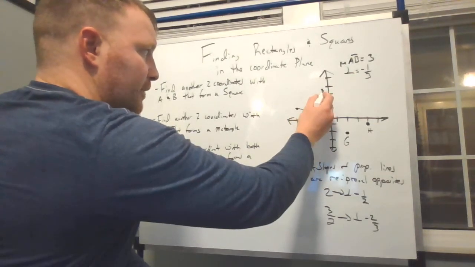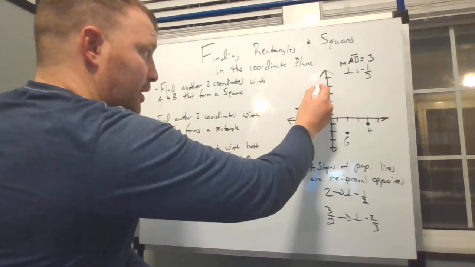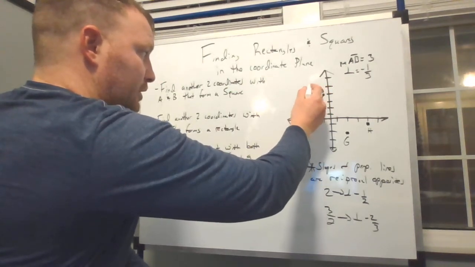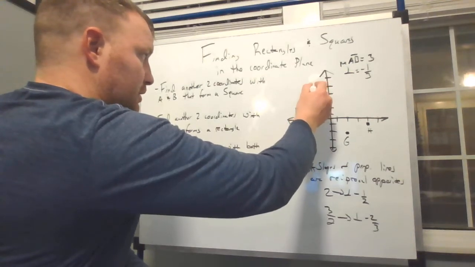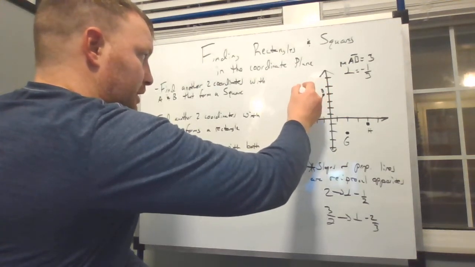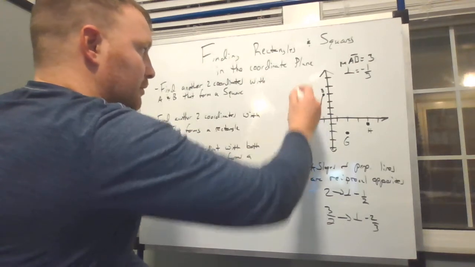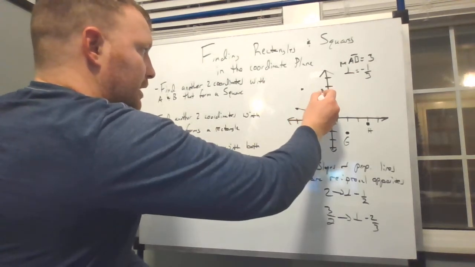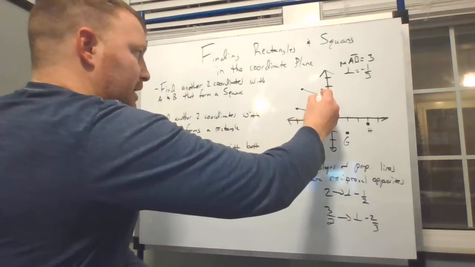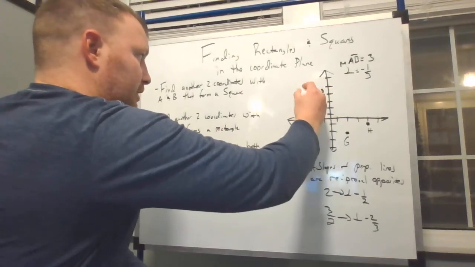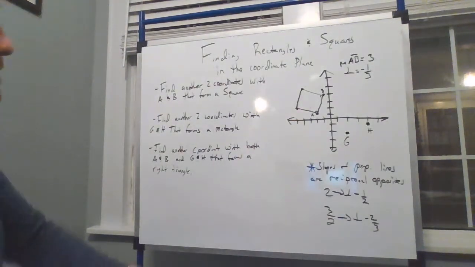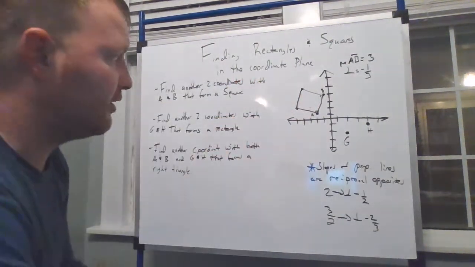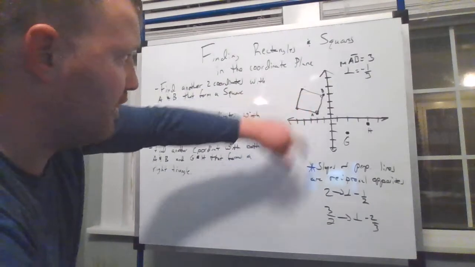And go to this point, and also do the same thing, go up 1, and go left 1, 2, 3, right? Look at that. On my cruddy drawing, I can clearly see that this resembles a square because I got 4 90-degree angles and I got 4 equal side lengths.